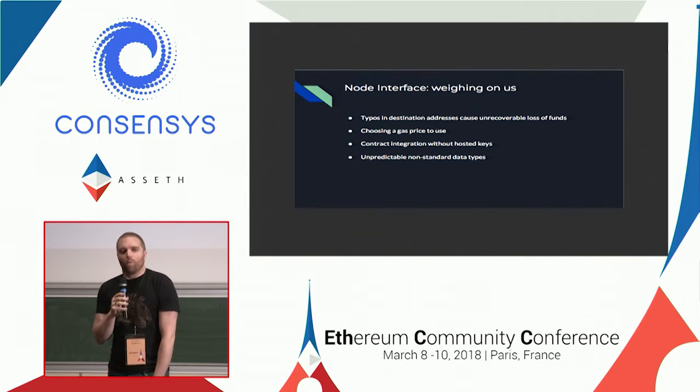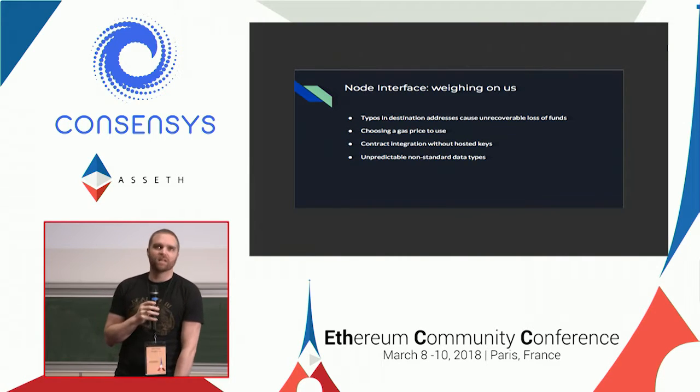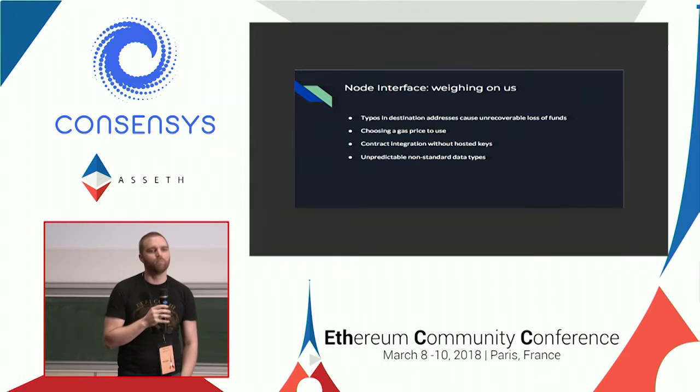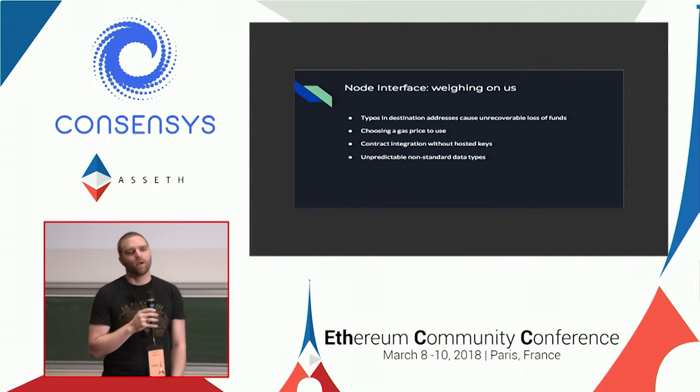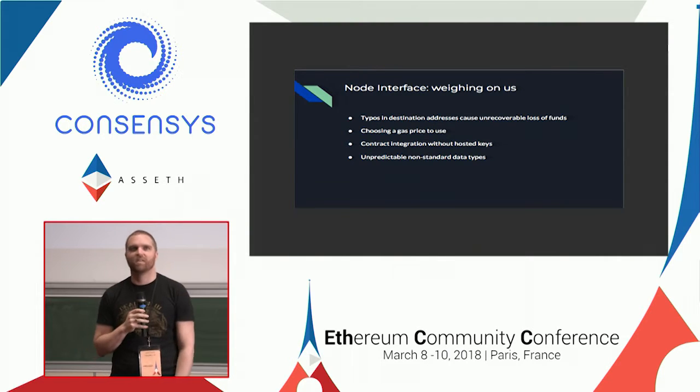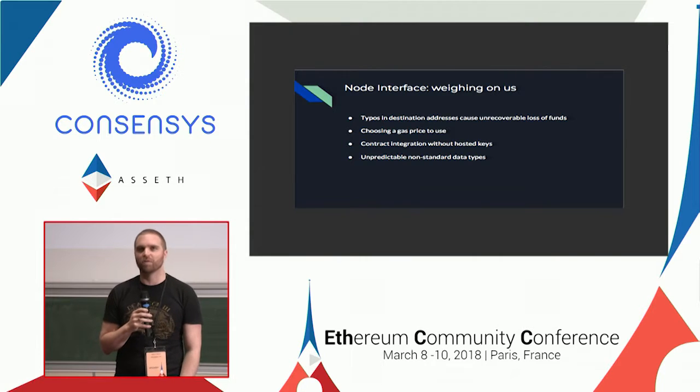So what's weighing us down? Lots of things. Here's a couple. Currently, Web3.py is in version 3 stable right now. So when I say what's current, that's what I'm talking about, the stable version. Simple things, like typos in destination addresses, are going to cause an unrecoverable loss of funds.